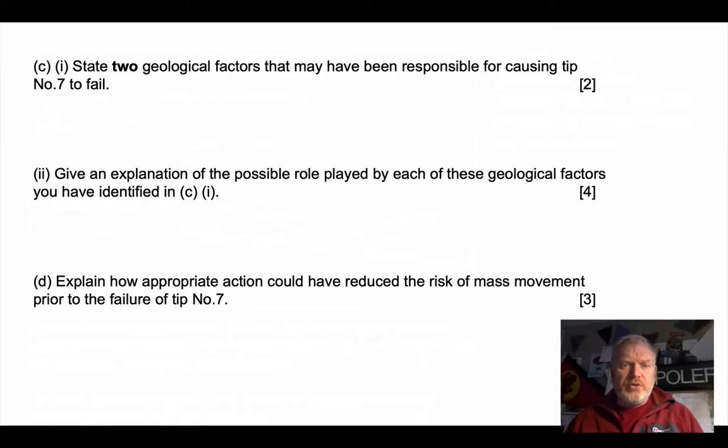Having worked through those, I then want you to think about the factors that were responsible for this. There are quite a few to pick from here. See if you can pick the two that you think had the greatest responsibility for this disaster.